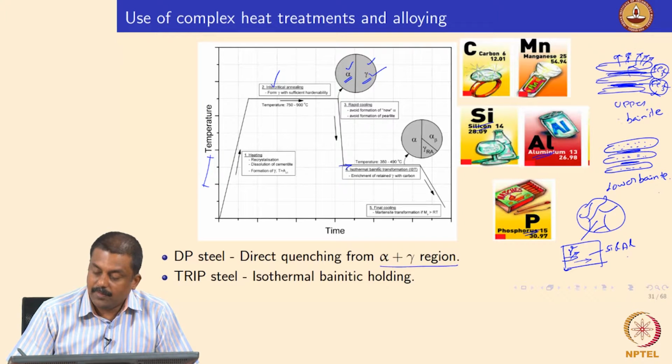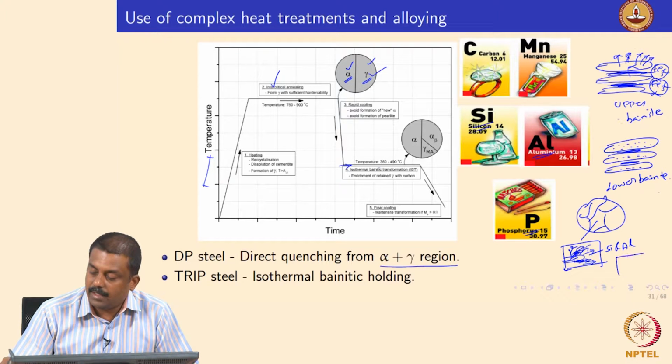So, what will happen then? Because of that, your austenite is getting enriched in carbon. It keeps on enriching because of the formation of ferrite during bainite formation, and these carbon atoms try to go out of the ferrite and enrich the austenite, because we are suppressing the cementite formation.